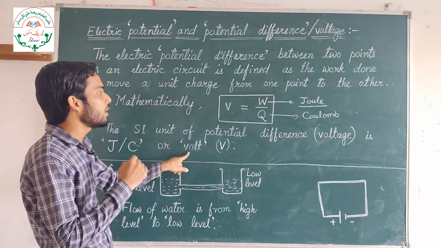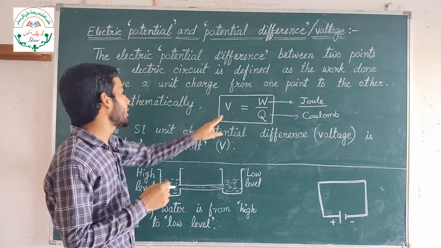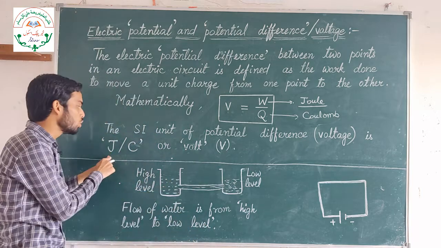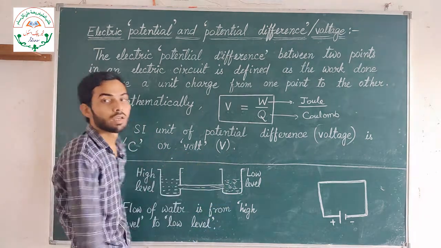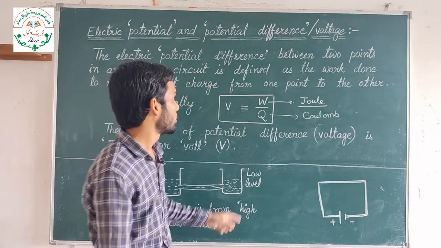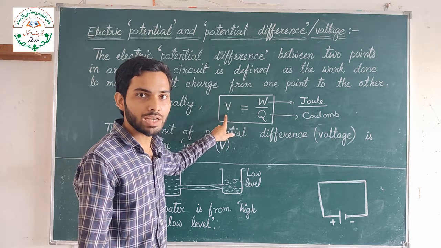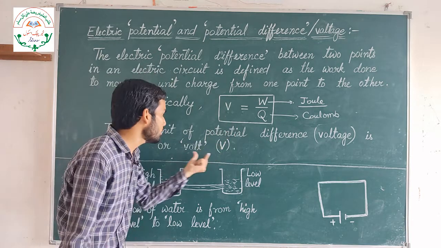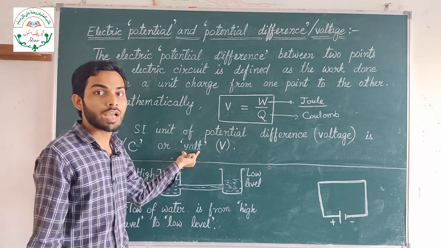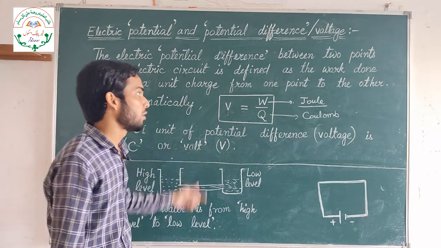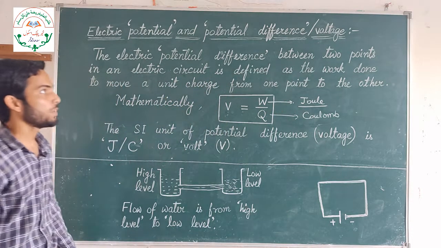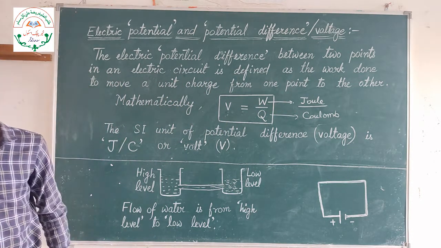So the SI unit of potential difference or voltage is joule per coulomb or volt. Why do we give a special name to the unit of voltage? Because the unit, volt, is named after the scientist Alessandro Volta, who discovered the potential difference. Okay, so this is our topic, and now we are moving to a numerical problem.